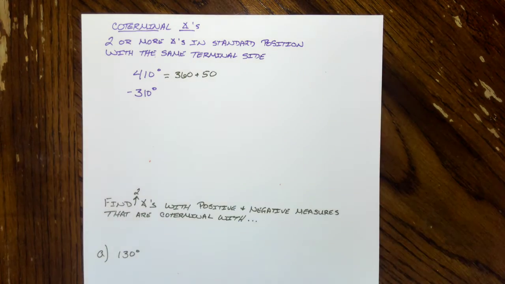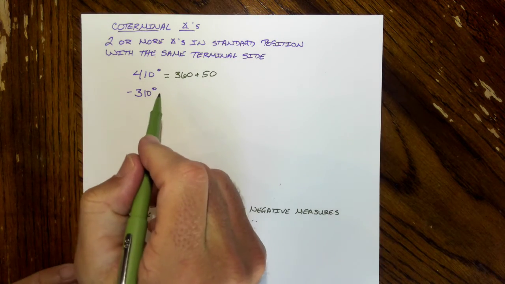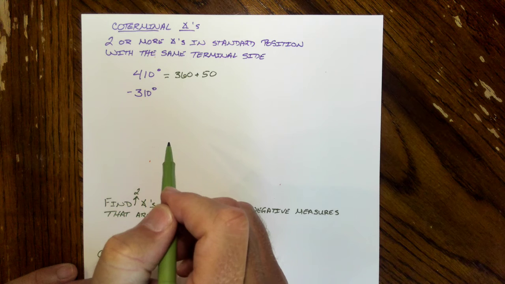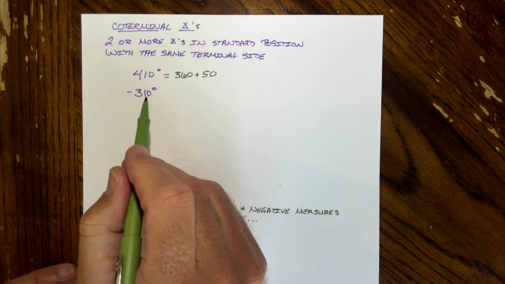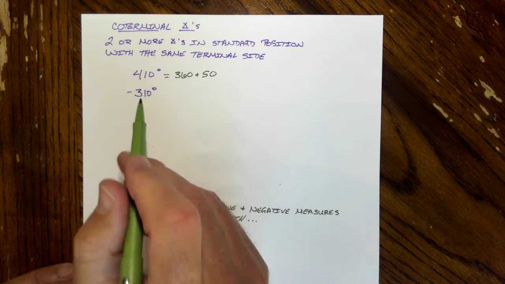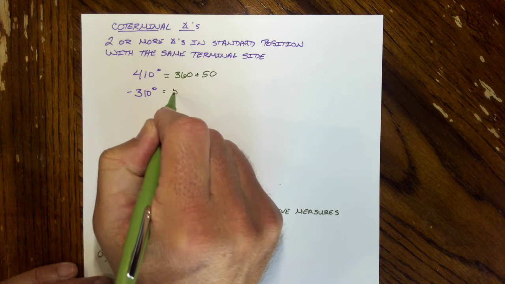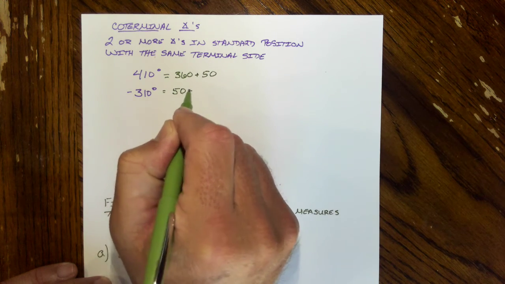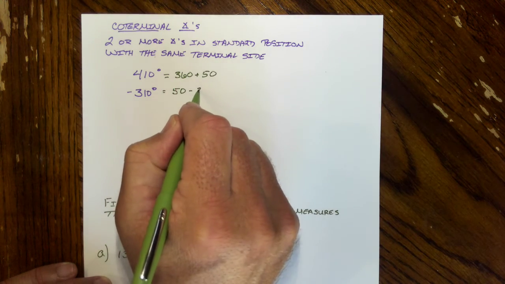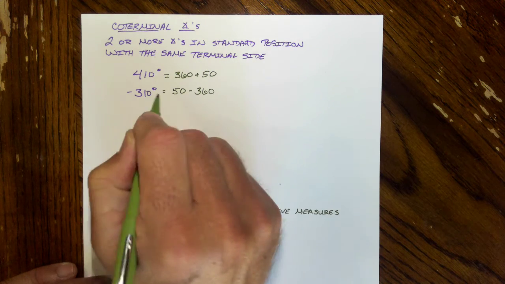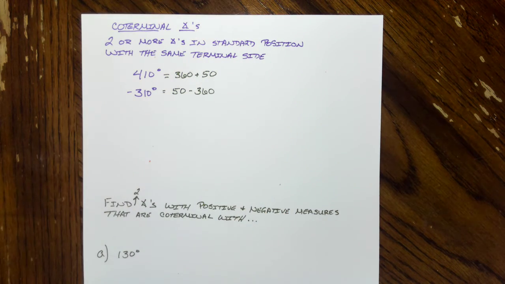So a negative 310 goes clockwise, but it's not quite a full reversal on that. It's 50 degrees short of that. Minus 360, because I need the negative action here.